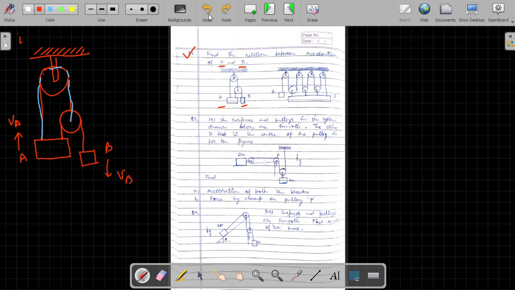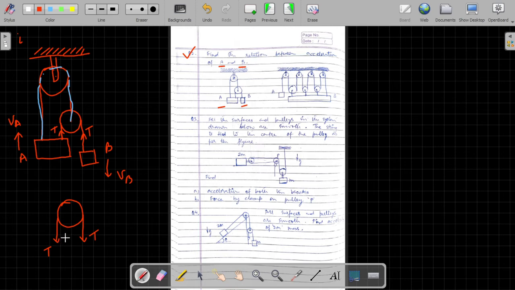As we already know, the tension in the string would remain the same. Let's say this tension is some T only. On this pulley, the tension is acting in the downward direction.